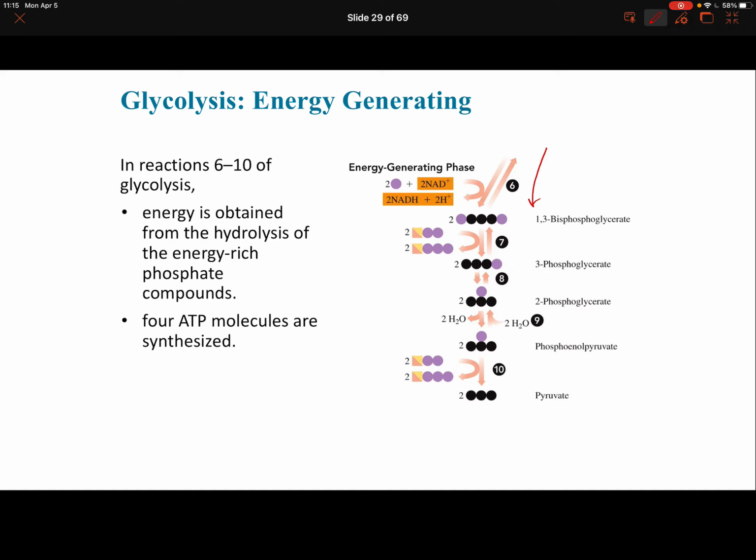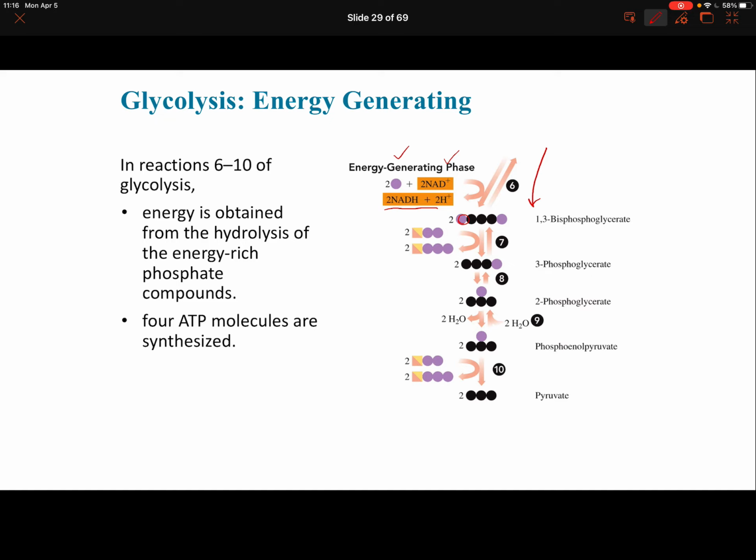Now, let's see, how does this happen? It looks like two phosphates and two NAD pluses are required. They essentially get reduced to NADHs, and it looks like they add another phosphate on here. Okay, so that isn't an energy releasing step or an energy gaining step.